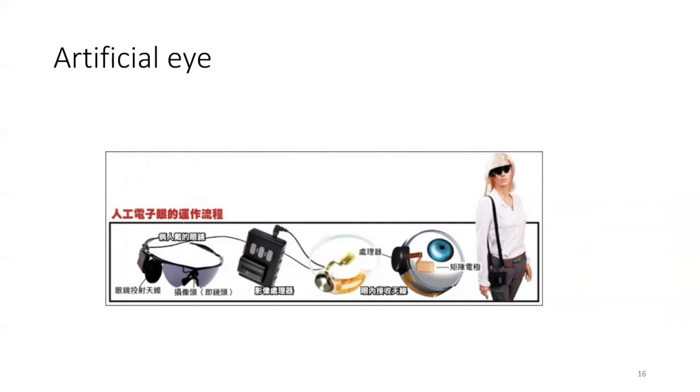Someone who is blind and cannot see anything can see, I remember, a 4x4 or 9x5 matrix image. For a blind person, they can use this very rough matrix image to detect the world.